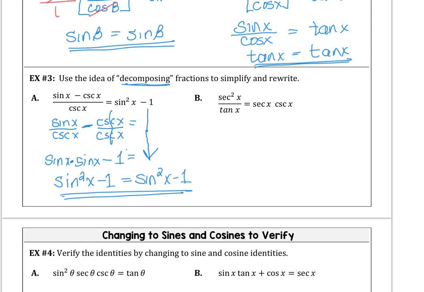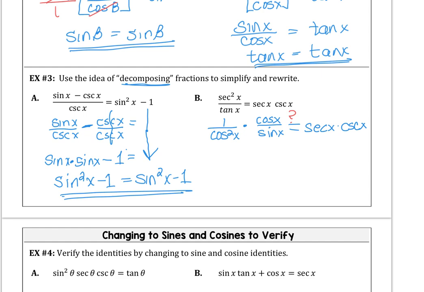And they are. On part B, I want to rewrite, let's see, secant squared could be 1 over cosine squared. And tangent on the bottom is like a cotangent, so cotangent is a cosine divided by a sine. I want to know, is that statement equivalent to secant times cosecant?